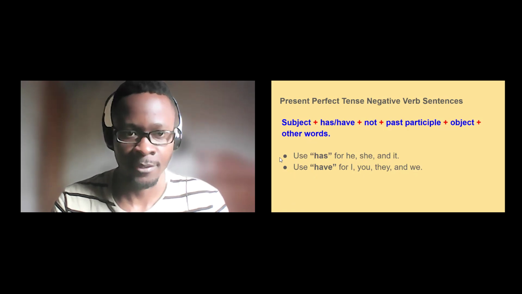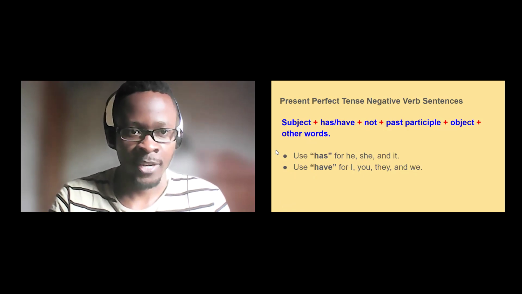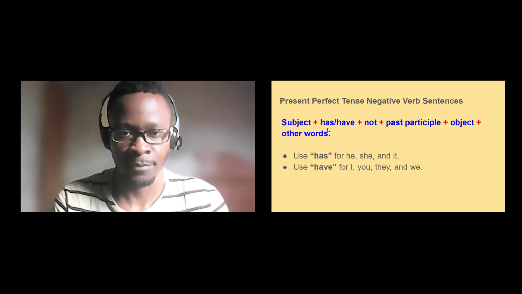verb sentences. Just to recap the structure before we move to the next section. First, you need the subject. Then, after the subject, you use have or has, depending on the subject that you have. After that, you put not to negate the sentence, meaning to make the sentence negative.